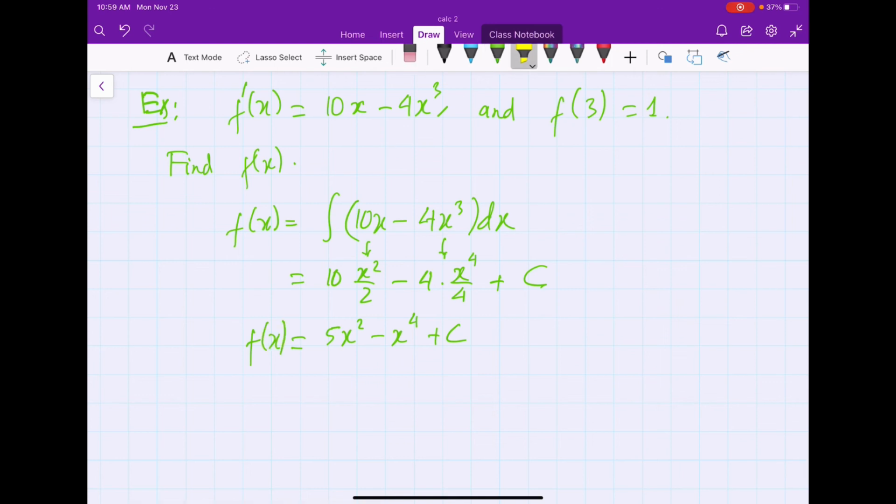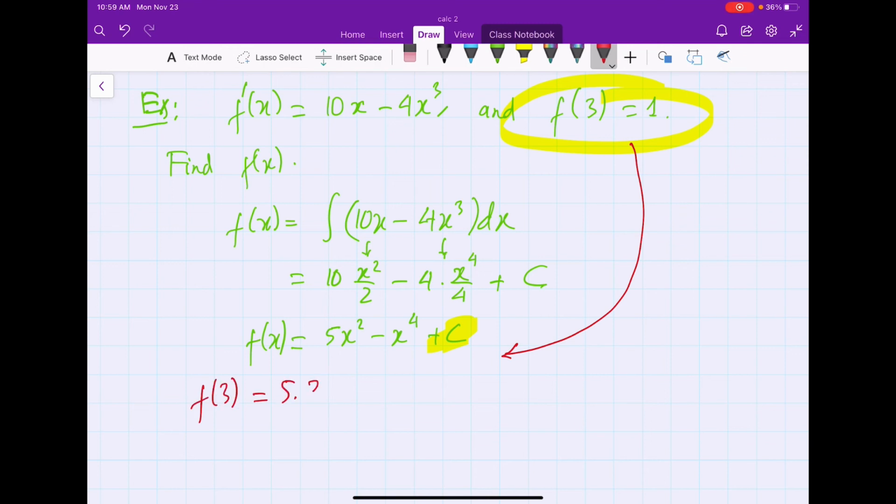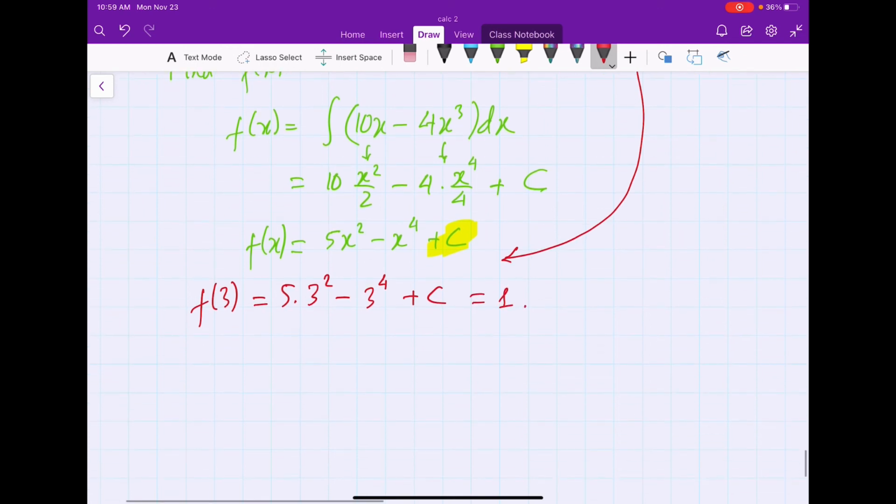My job now is to find the c. So I use the initial condition. I plug 3 into the function and set it equal to 1. So f of 3 is 5 times 3 squared minus 3 to the 4 plus c equal to 1. Let's simplify: 5 times 9 is 45, minus 81, plus c equal to 1.